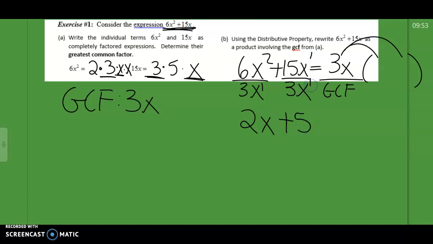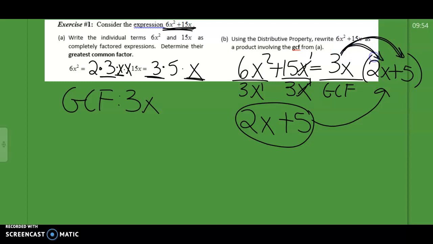And 1 over 1, 1 minus 1, is going to cancel out. So there you have it. You got your 2x plus 5 going into the parentheses. And so that is the answer, which is the opposite of distributing. You have factored. Now, if you were to distribute, just one way to quickly check, you're going to get this right here. You're going to get what you started with. Okay?